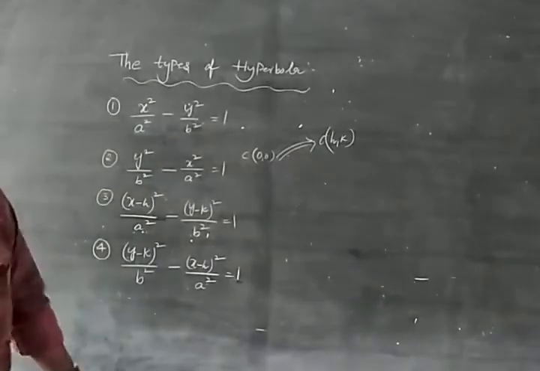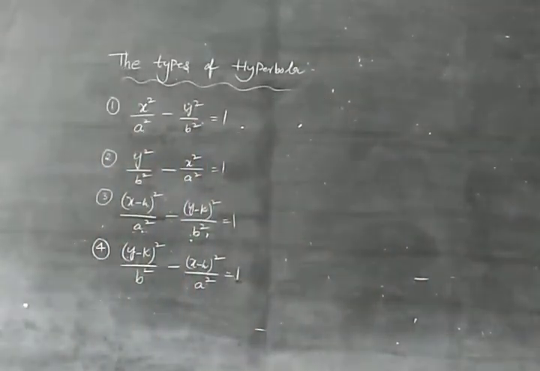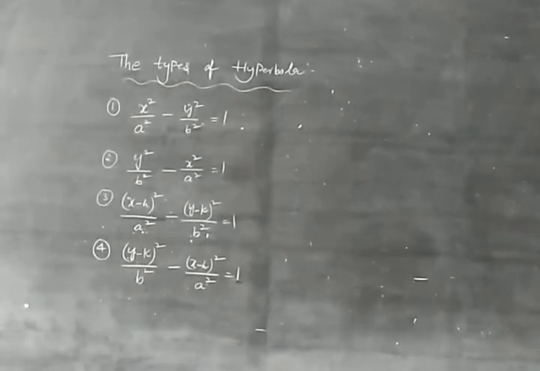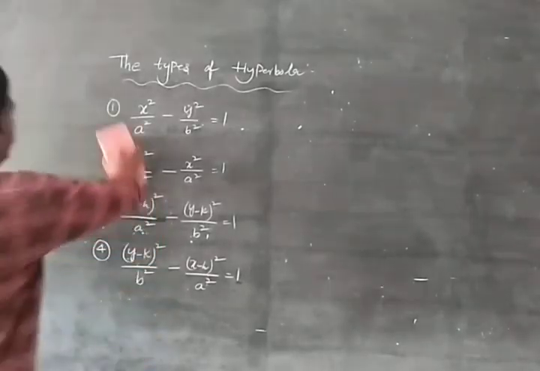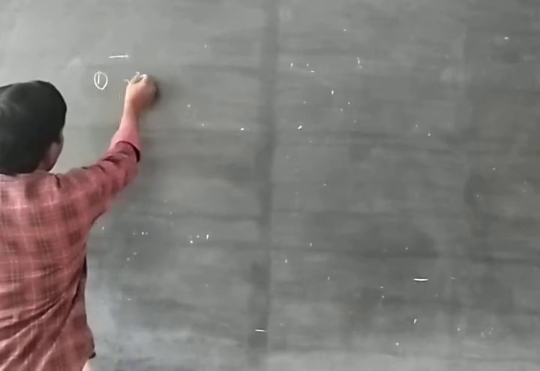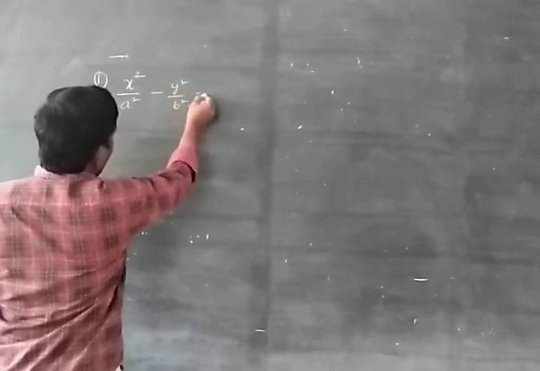Now write down. The first one, x square by a square minus y square by b square equal to 1.